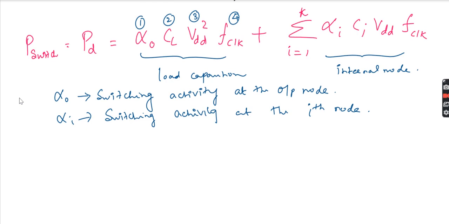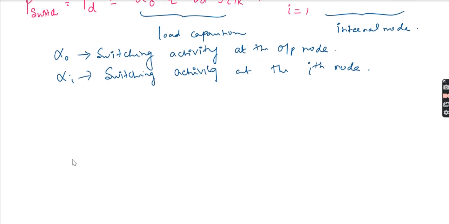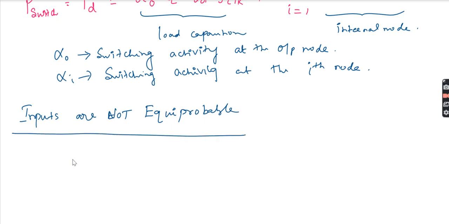Next, let us study what happens if the inputs are not equiprobable, meaning the probability of occurrence is not the same.